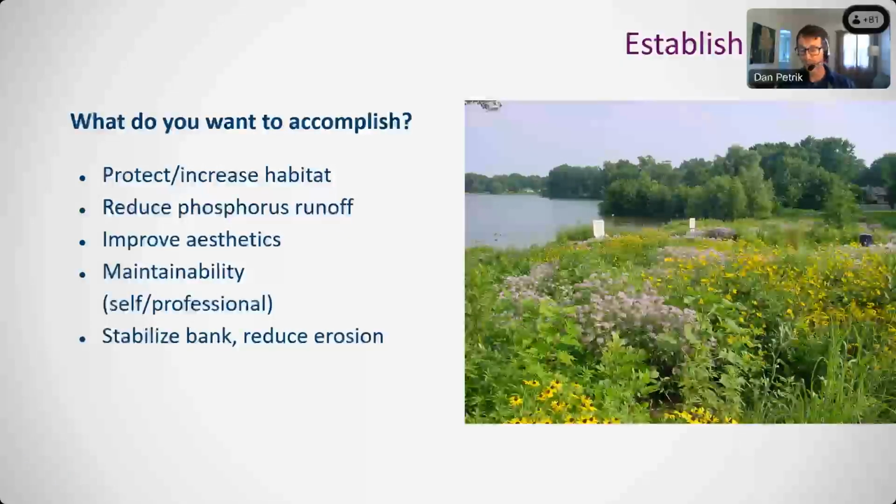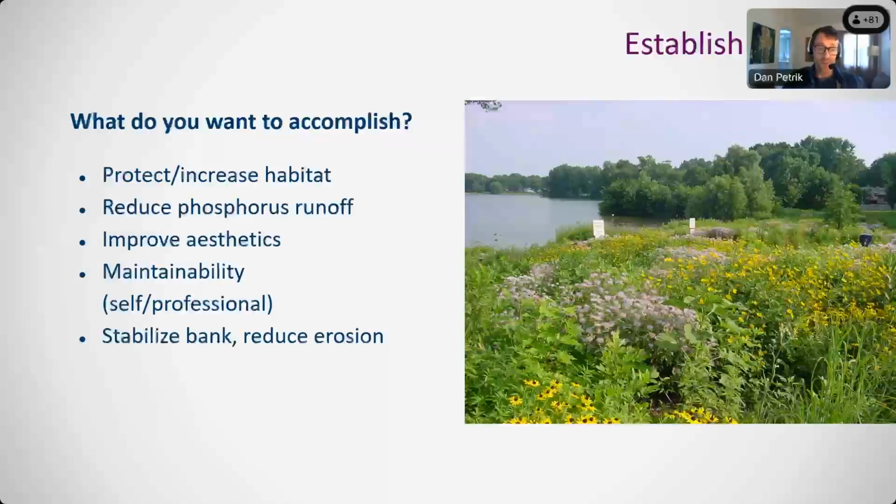So the next phase would be to establish your goals. There's a wide range of things that you might emphasize in your restoration. What's the habitat and what kind of habitat would you like to provide? Depends greatly on where you are in the state, but this is a very important consideration.